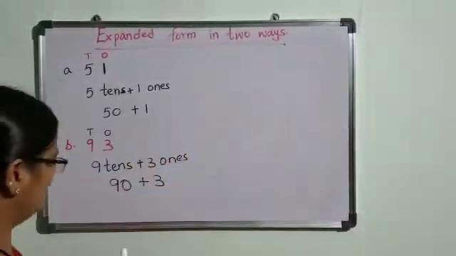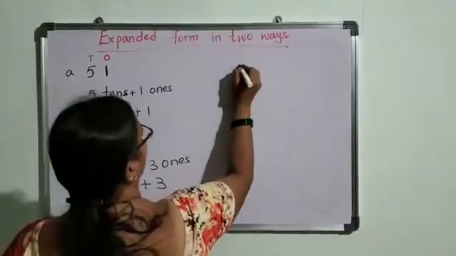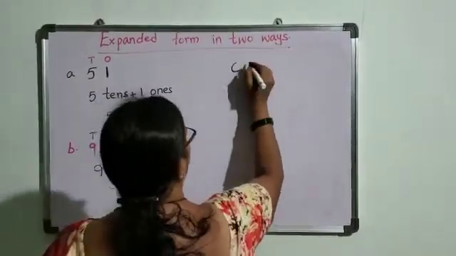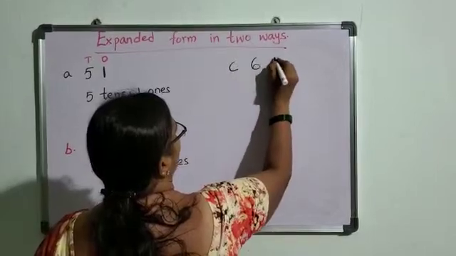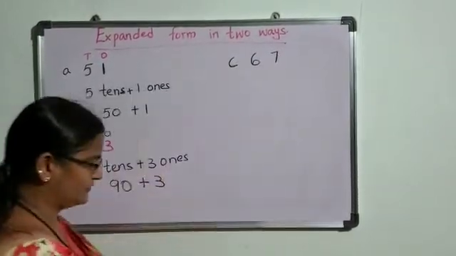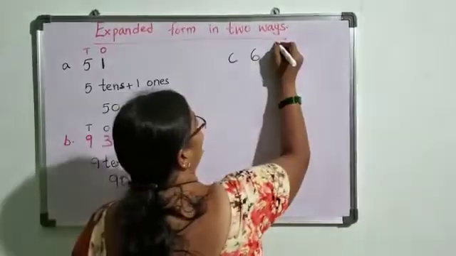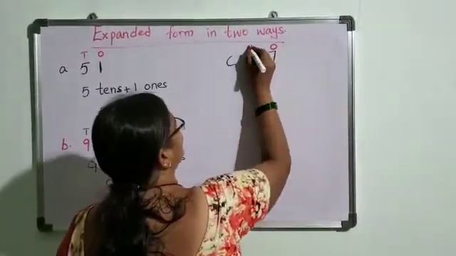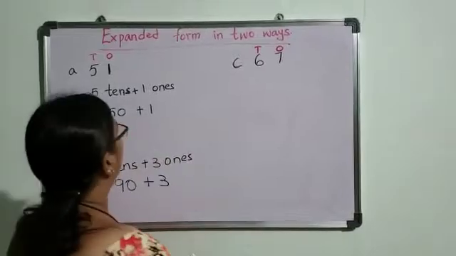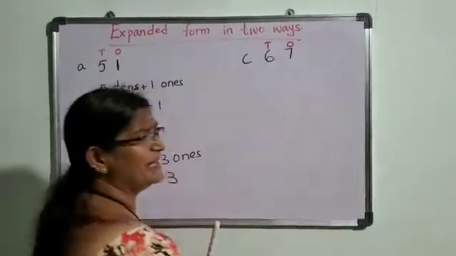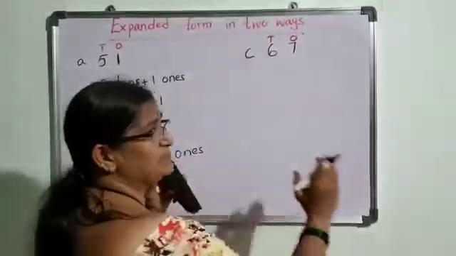Now, one more I will tell you. 67. Now, first what should you do? Write the place value. Ones, tens. Now, after writing place value, you should expand it.